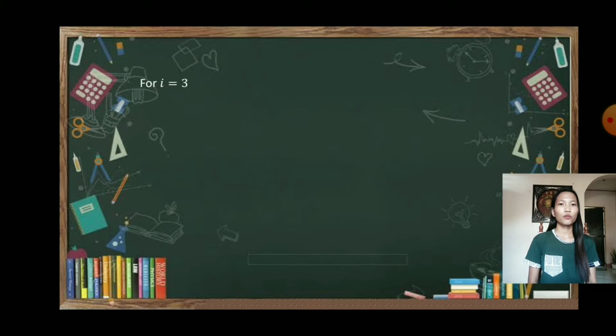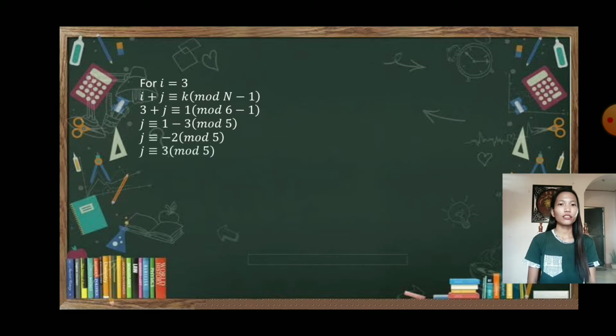So, for i = 3, we use again the formula i + j ≡ k mod (n − 1). Since i = 3, we have 3 + j ≡ 1 mod (6 − 1). Again, we move the 3 to the other side, so we have j ≡ 1 − 3 mod 5.